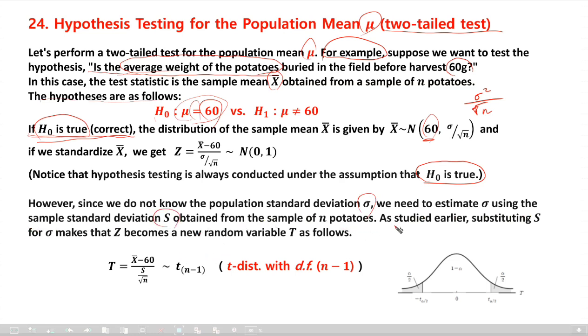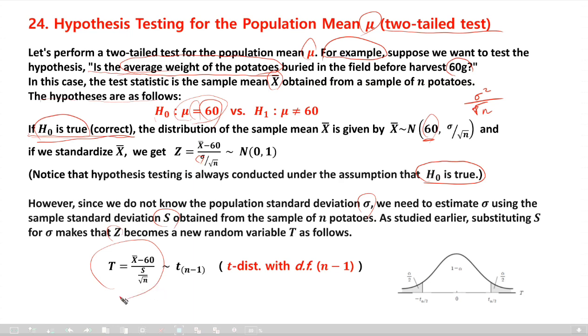As stated earlier in the confidence interval, substituting S for sigma makes Z become a new random variable T, like this. This is sigma replaced by S, the sample standard deviation.